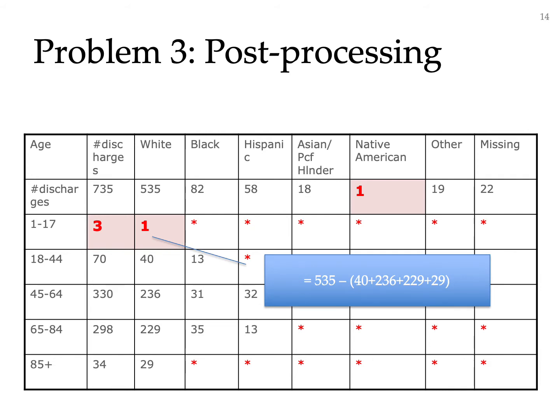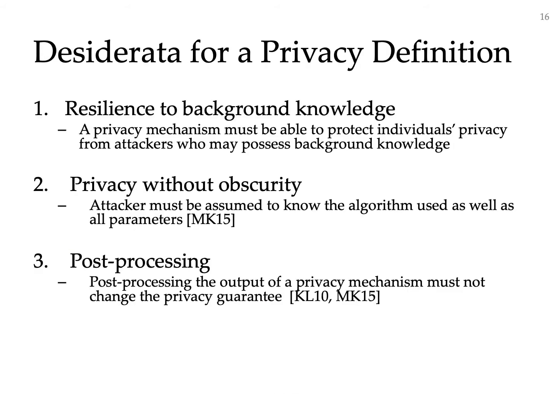However, by doing some simple math, the suppressed value can be computed, and this leads to a privacy breach. So the third desideratum for defining privacy is the post-processing property, which means post-processing of the output of a privacy mechanism must not change the privacy guarantee.